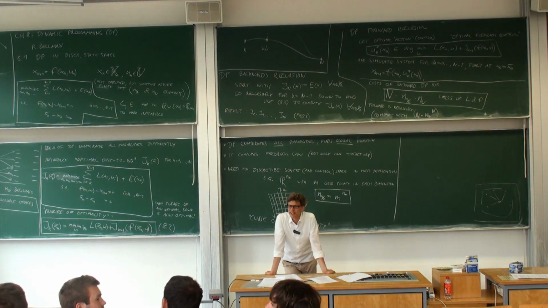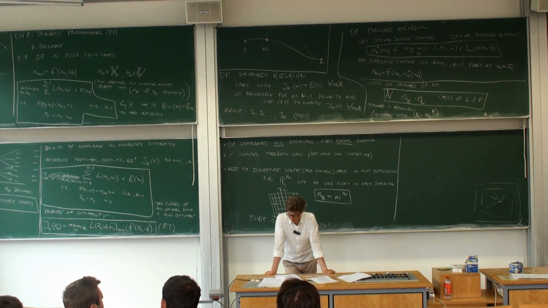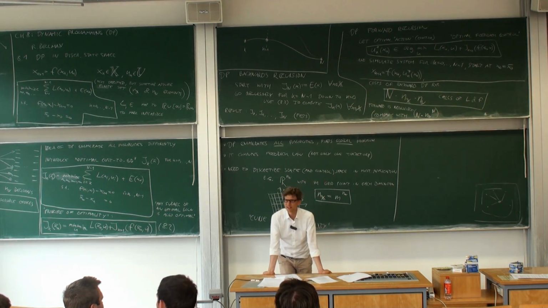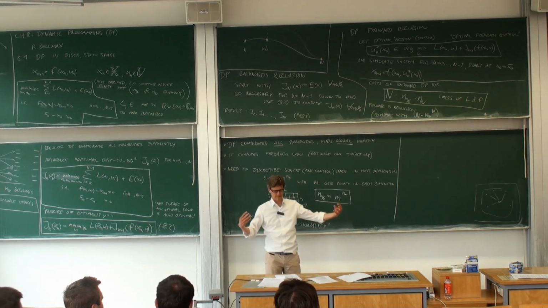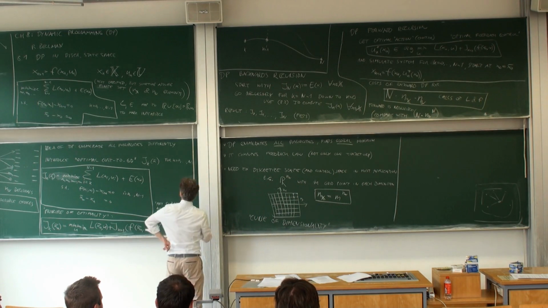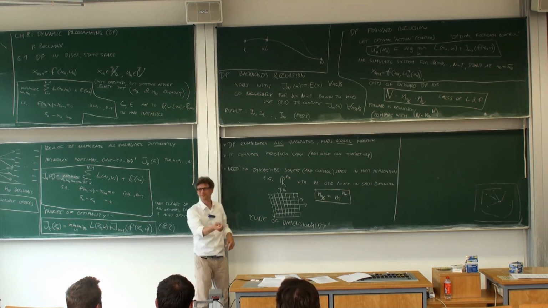So when we want to compute an optimal control problem, the first step would be to do this backward recursion, and then we do this forward recursion. Exactly. So in dynamic programming, you first do the backward and then the forward recursion. I should say that, if you think of it from an algorithmic point of view, you could also do it the other way around.